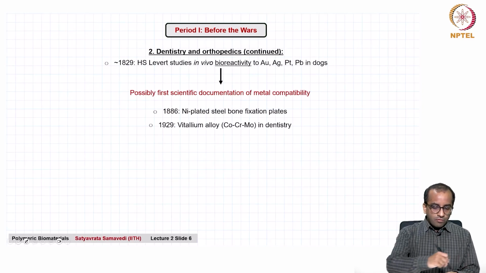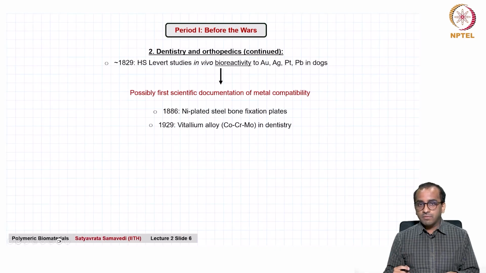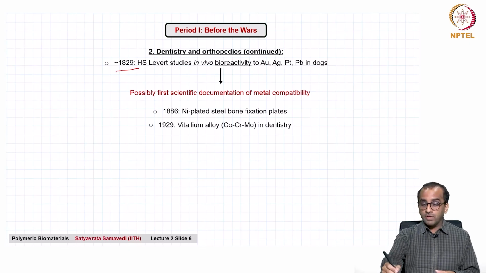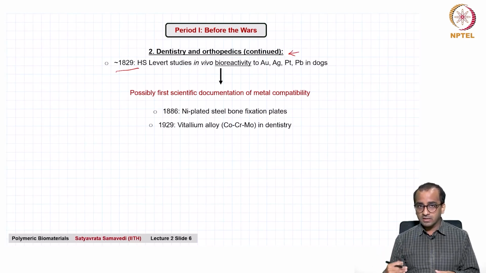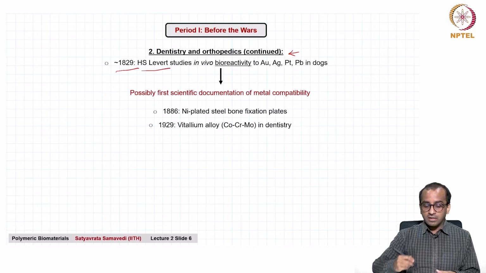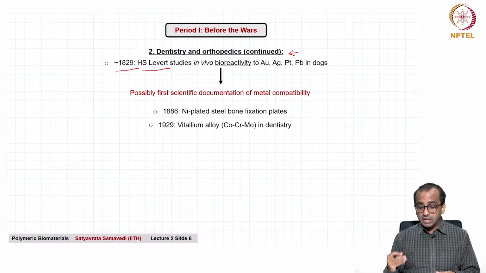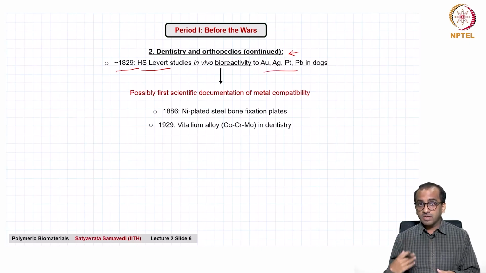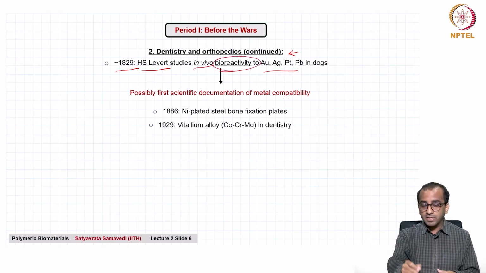As we move forward, we are still in the period before the wars. Around the early 1800s, we are looking at dentistry and orthopedics again. We are continuing that thread from the previous slide, but here we are looking at Levert, who is implanting metals like gold, silver, platinum, etc. in dogs and trying to understand in vivo bioreactivity.